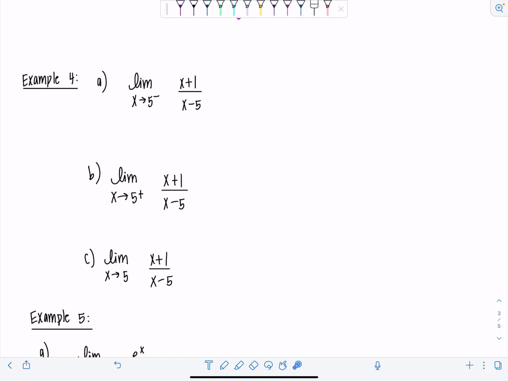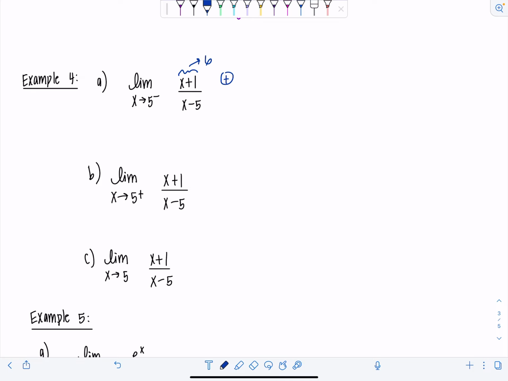So it doesn't really matter whether we're approaching from the left or from the right, to be perfectly honest. But anyways, so 5 from the left, you have like 4.9, 4.99, and so on, plus 1. The numerator is approaching 6. Either way you slice or dice it, the numerator is positive, okay?